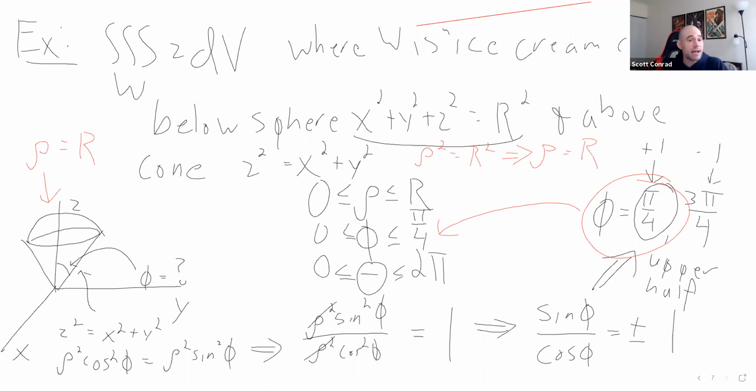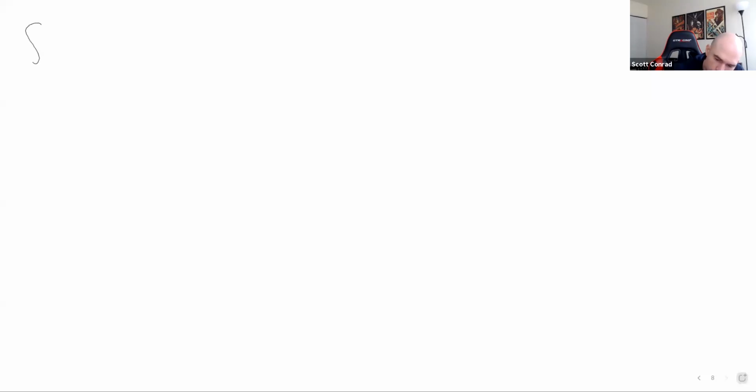Okay, so let's just set this guy up and then end it there. The integral over W of z with respect to volume. Theta goes from 0 to 2 pi. Phi goes from 0 to pi over 4.